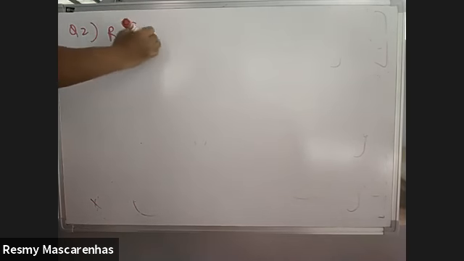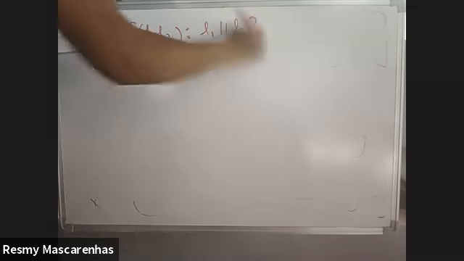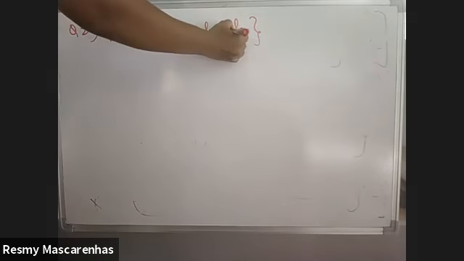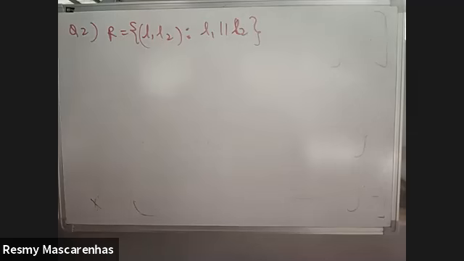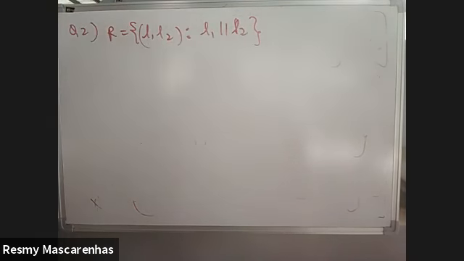We are starting with easy ones. L1 parallel to L2. These are some parallel lines, and you have to check whether it is an equivalence relation. This is a fixed format which you will have to follow.